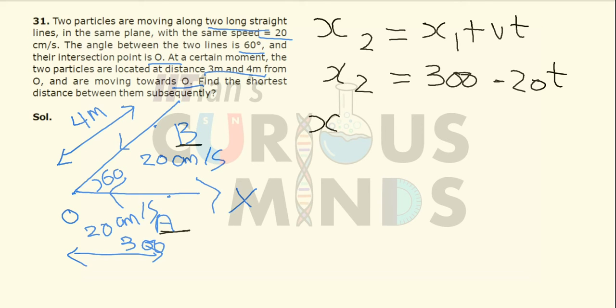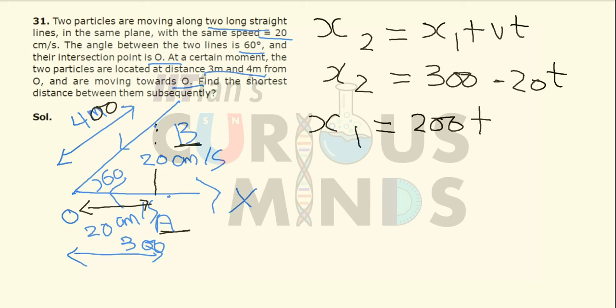For particle B, the x position will be the initial position, which is 4 meter or 400 centimeter at 60 degrees. So this will be 400 cos 60, which is equal to 200, plus the velocity in the x direction.